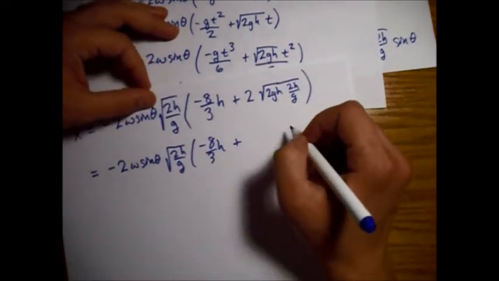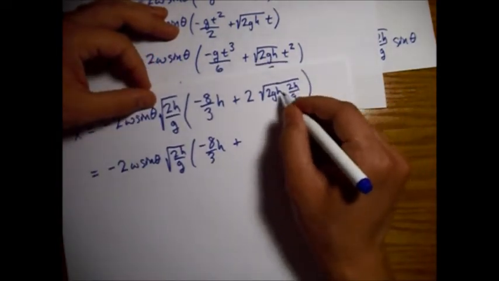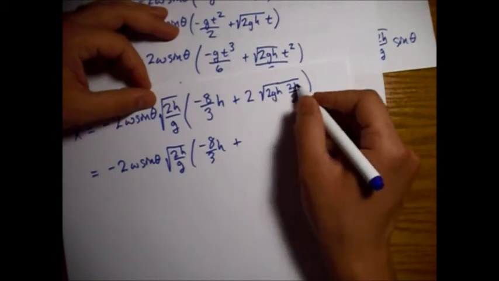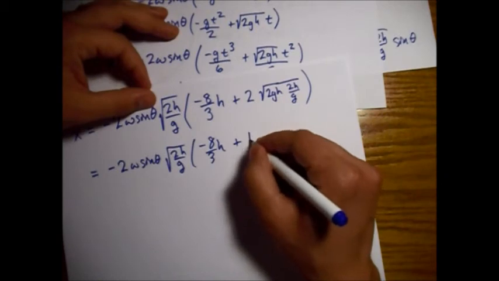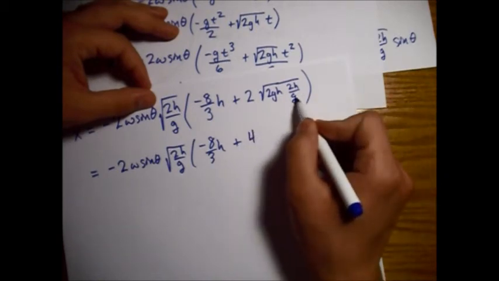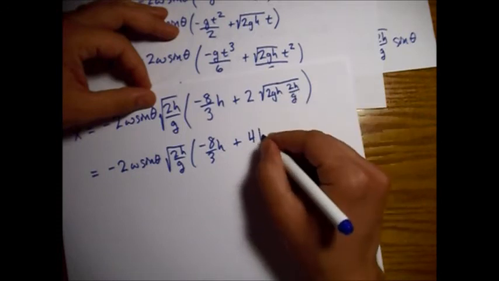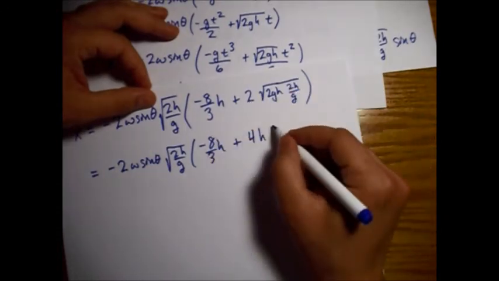Okay, so we have a 2 squared in there, these 2's, so that's going to come out as a 2, so we get a 4. This g is going to cancel out, and then we have an h squared as well, so we get an h out.